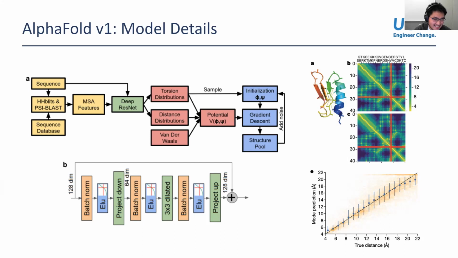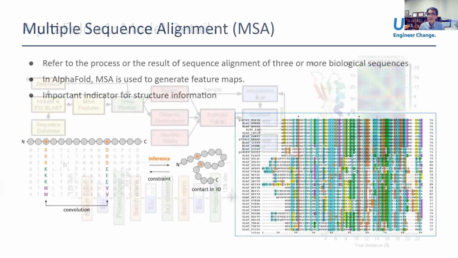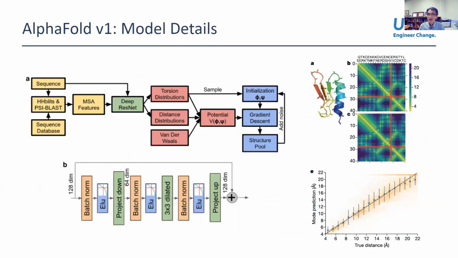Yeah. And lastly, regarding the blue one, initialization, I think is parameter initialization. Gradient descent is taking gradient descent to optimize. What is structure pool?